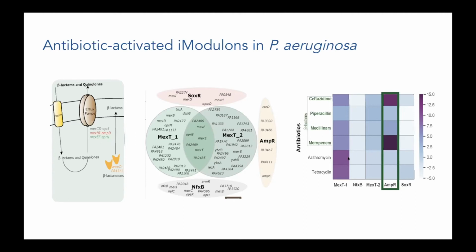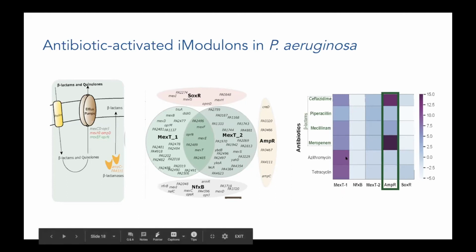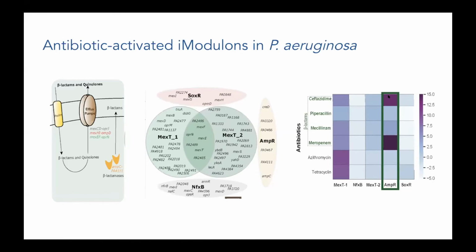We can also get the specific activities of each of these iModulons under each condition. For example, when we treat Pseudomonas aeruginosa with any of these antibiotics listed here, we see that the MEX-T1 iModulon specifically gets upregulated. However, when we treat it with meropenem and ceftazidime, we see that only the AMP-R iModulon is activated.